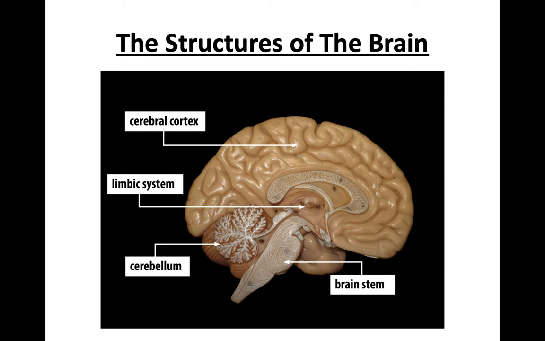The cerebral cortex also contains all of our primary senses, so sight, hearing, feeling, movement. Okay, the activity of the neurons takes place in the cerebral cortex.